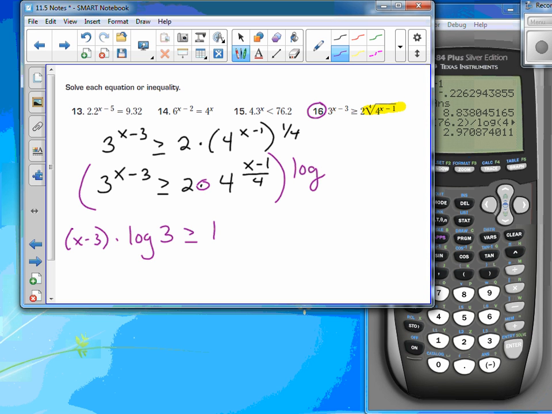So we need to rewrite this as an addition question. Log base 10 of 2 plus x minus 1 over 4 times the log of 4.